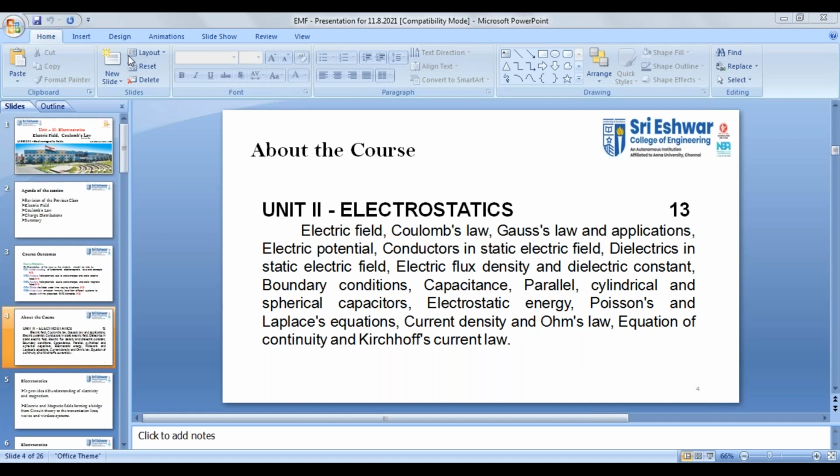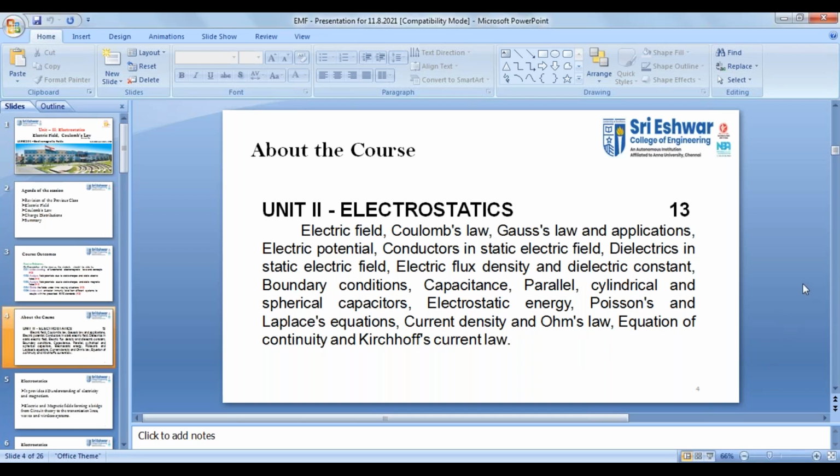But in the third unit, you will be deriving the expressions of H and B for different geometries. The approach is the same. The approach we follow for these geometries to derive electrostatics, you can follow for magnetostatics. So if you deal with the second module comfortably, you can easily touch the third module without any hesitation. That is the point I want to tell. So this is the unit content of unit number 2.